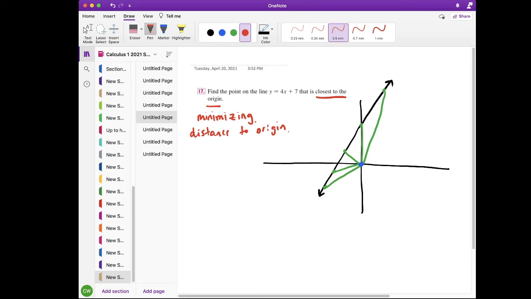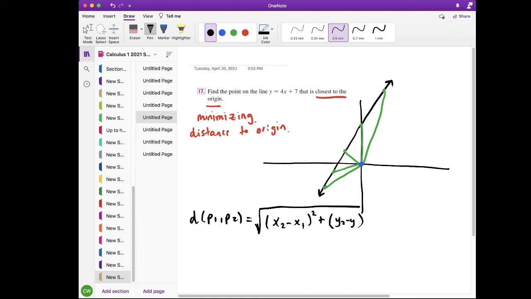What is the distance equation? The distance between the 2 points is what? I think it was square root, right? So you do the difference, x2 minus x1, square it, and the difference of the y's, y2 minus y1 squared.